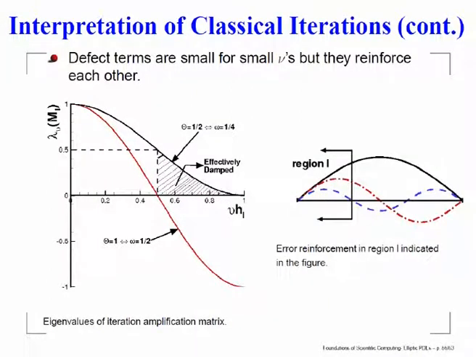What is the most difficult thing to control? The most difficult thing to control is in this region, right? And in this region you can see that red is better than black, isn't it? So red is what? That is without any under relaxation.